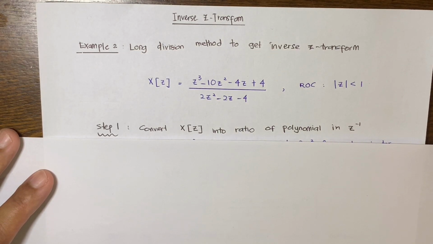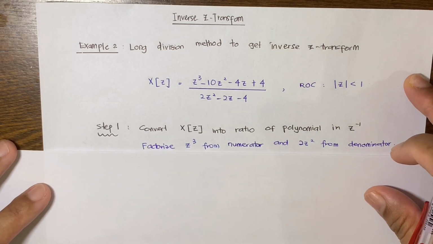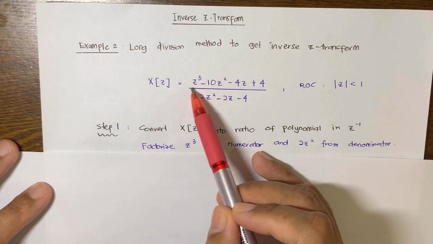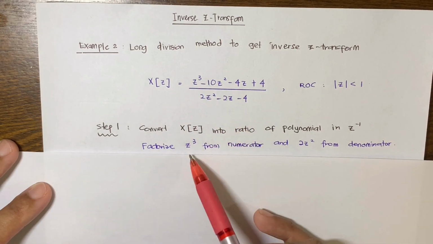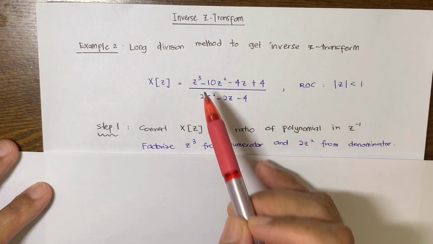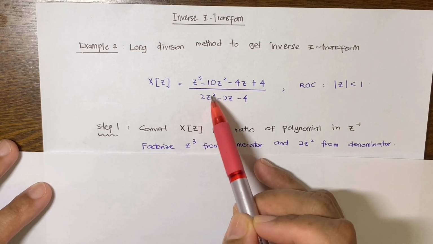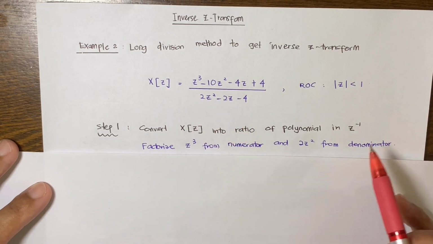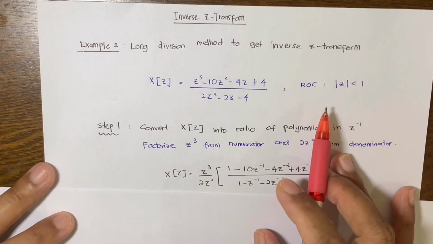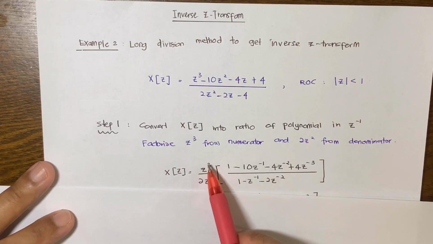How to do this? You need to factorize the highest polynomial degree, z cubed, from the numerator, and 2z squared, the highest polynomial degree at the denominator.